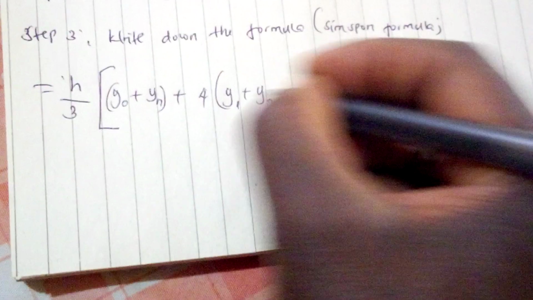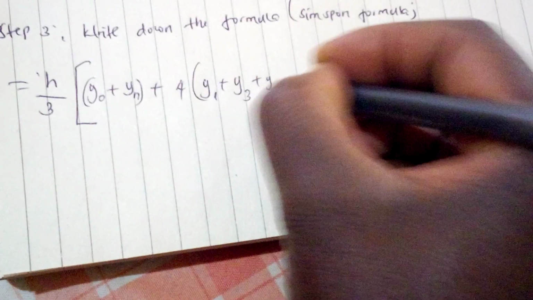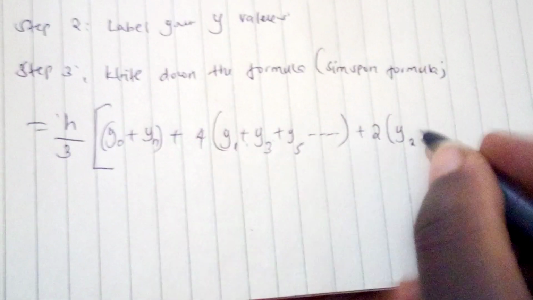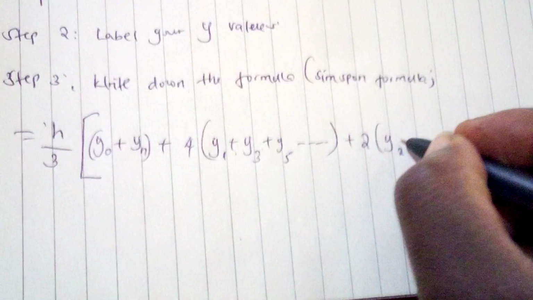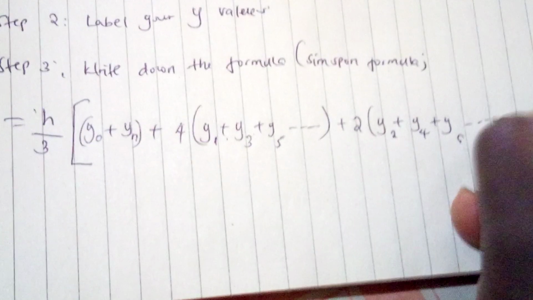You skip one value, so you have y1 plus y3 plus y5 and so on, plus 2 times y2. The ones which you skipped here are the ones you're going to write here: y2 plus y4 plus y6 and so on.